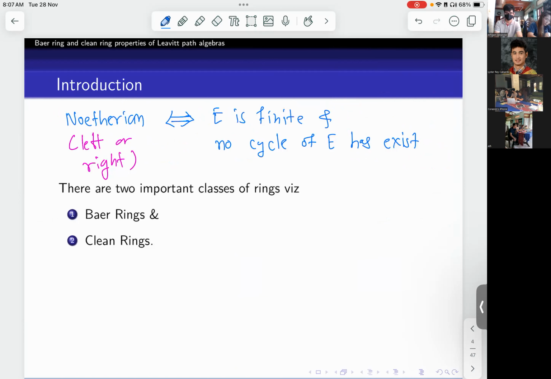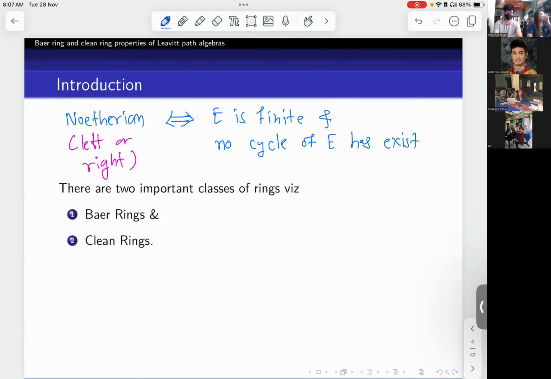The one that I can immediately tell is that the Leavitt path algebra is Noetherian, and we had seen previously that commutative rings enjoy the invariant basis property. So whenever we talk of a Leavitt path algebra, it's always clear that we are in a non-commutative setup. It doesn't matter whenever I say Noetherian, you can fix something like left Noetherian or right Noetherian.